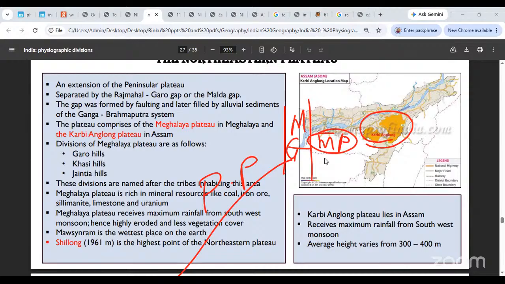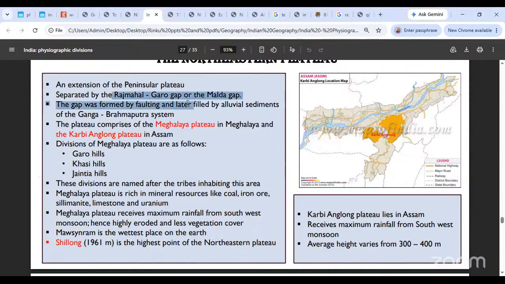On either side of the Rajmahal Garo gap, you find the peninsular plateau to the left and its extension to the right, the Meghalaya plateau and the Karbi Anglong plateau. So we say that it is separated by the Rajmahal Garo gap or the Malda gap. And this gap was first formed by faulting, later filled by the alluvial sediments of the Ganga and Brahmaputra.